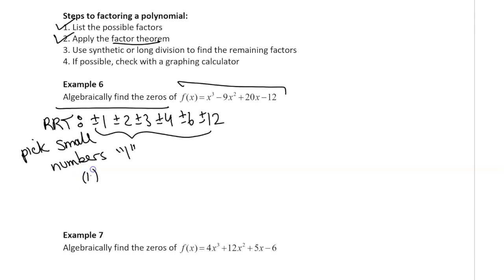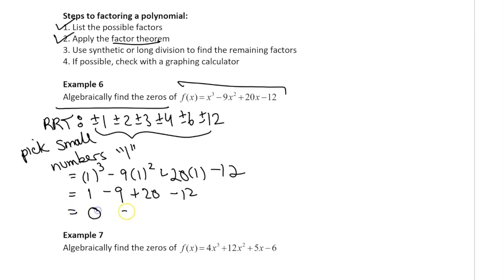So we're going to say we have 1 cubed minus 9 times 1 squared plus 20 times 1 minus 12. And if we do that, we get 1 minus 9 plus 20 minus 12, and that's going to give us 0.